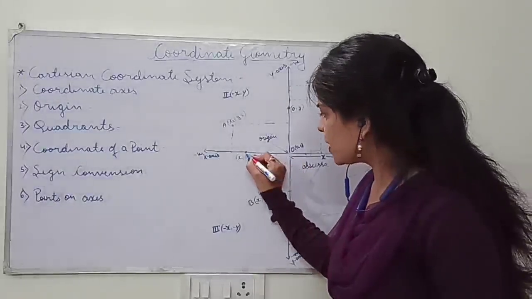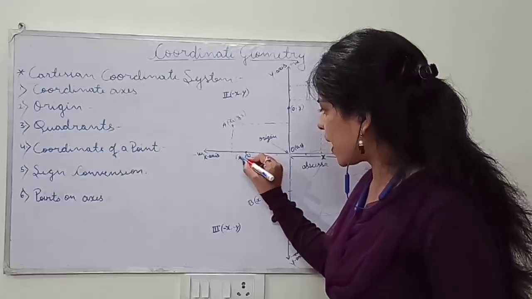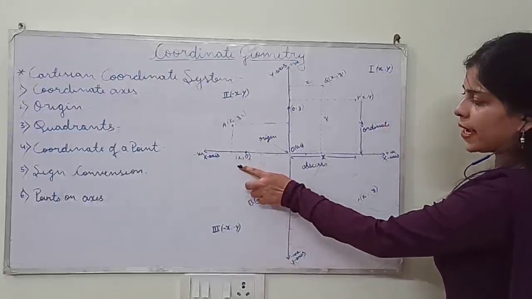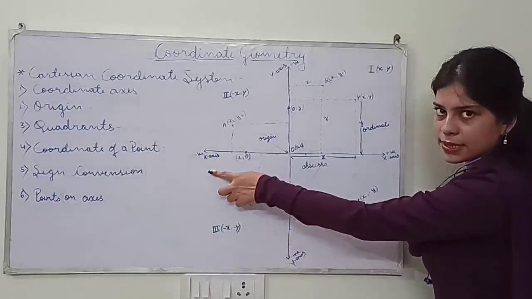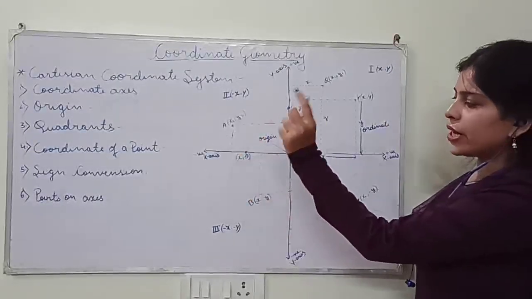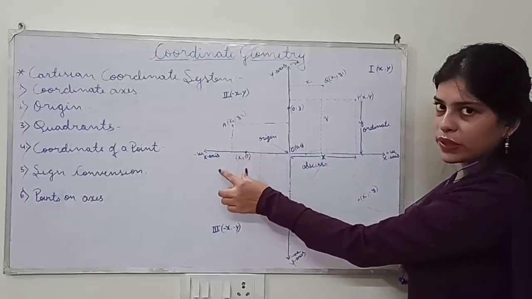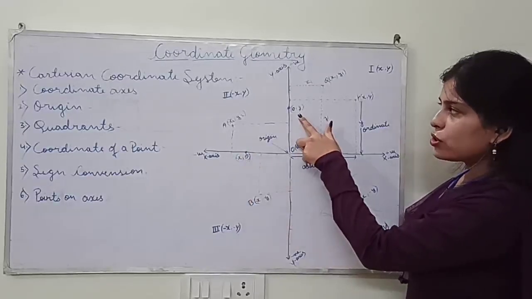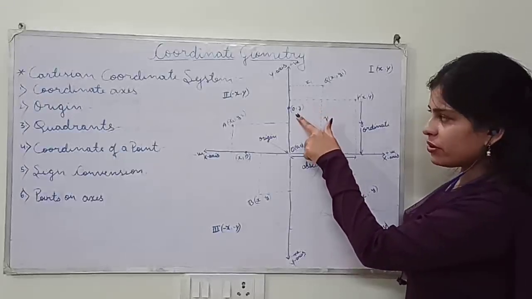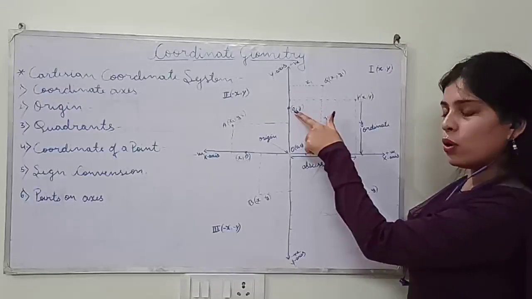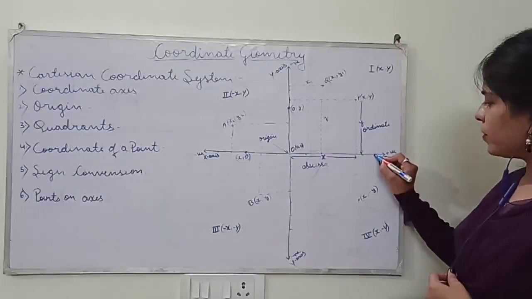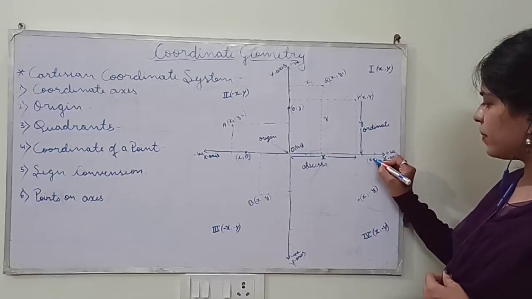For this point y will be 0 and x will be negative if the point is lying on the negative x-axis. The coordinate of a point which lies on the negative x-axis will be (-x, 0). The coordinate of a point which lies on the positive y-axis will be (0, y). Similarly, the coordinate of a point which lies on the positive x-axis will be (x, 0).